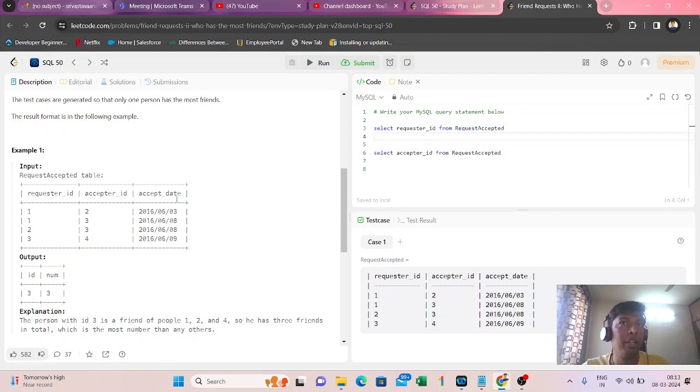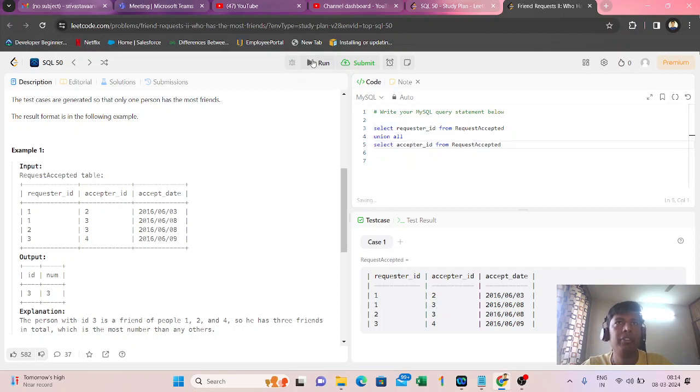But here we don't have to eliminate duplicates. Please keep that in mind. If we remove the duplicates here, we will lose entries and get the answer wrong. So union all, and let's see what it gives, and we will store it in some CTE.